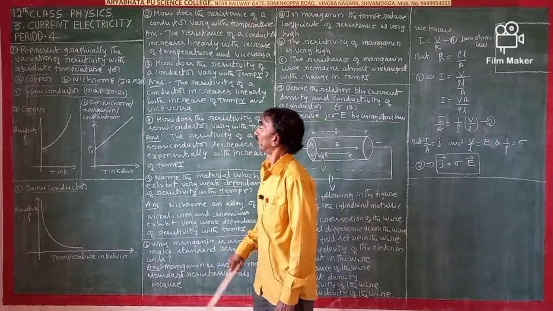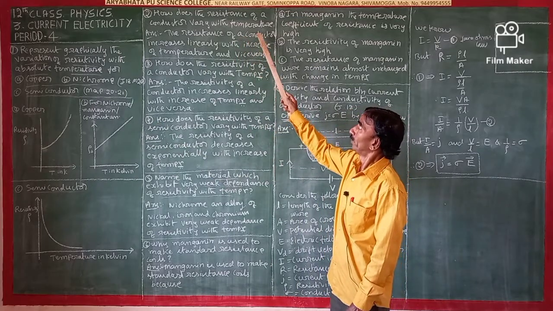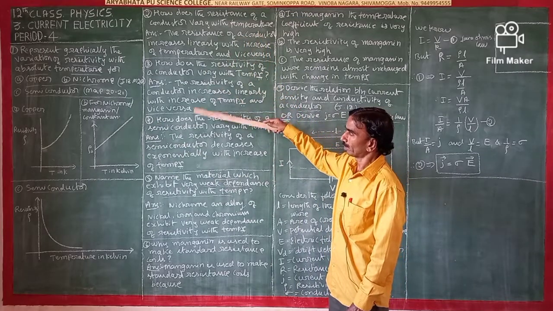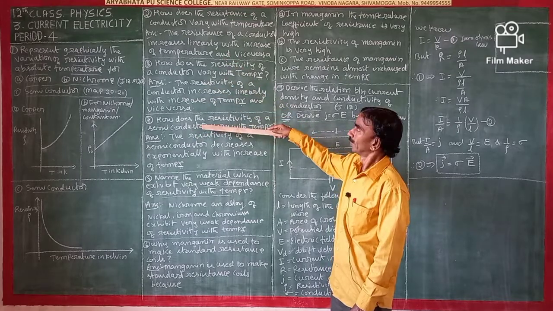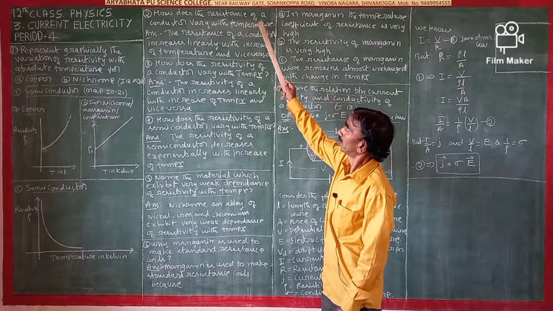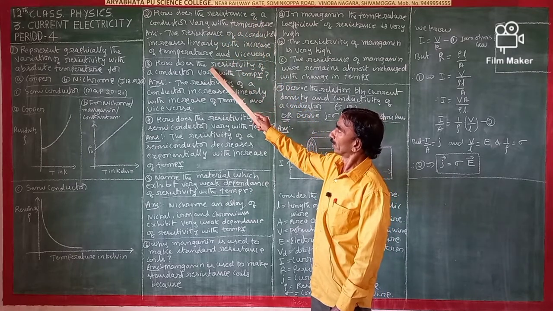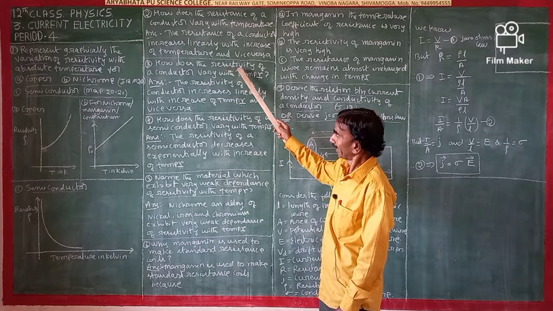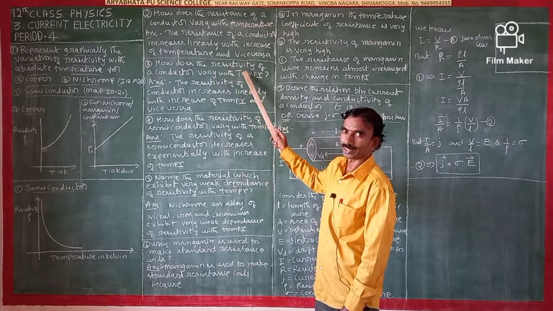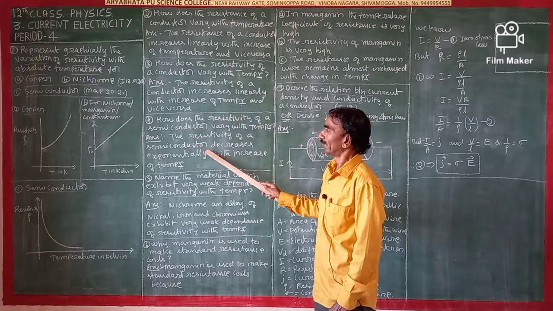Next one: how does the resistivity of a conductor vary with temperature? Three questions are there, and they are very similar. How does the resistance of a conductor vary with temperature? Another question: how does the resistivity of a conductor vary with temperature? And how does the resistivity of a semiconductor vary with temperature?